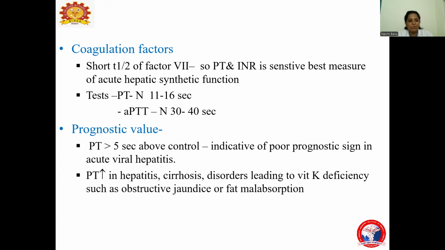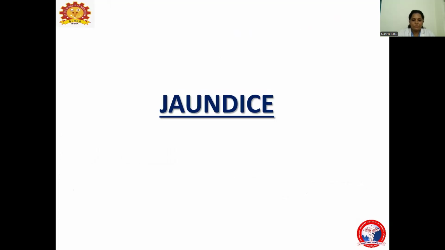Prognostic value: if the prothrombin time is more than 5 seconds above the control, it indicates a poor prognostic sign in acute viral hepatitis. Whereas if the prothrombin time is very high, it is seen in hepatitis, cirrhosis, and disorders leading to vitamin K deficiency, such as obstructive jaundice or fat malabsorption.